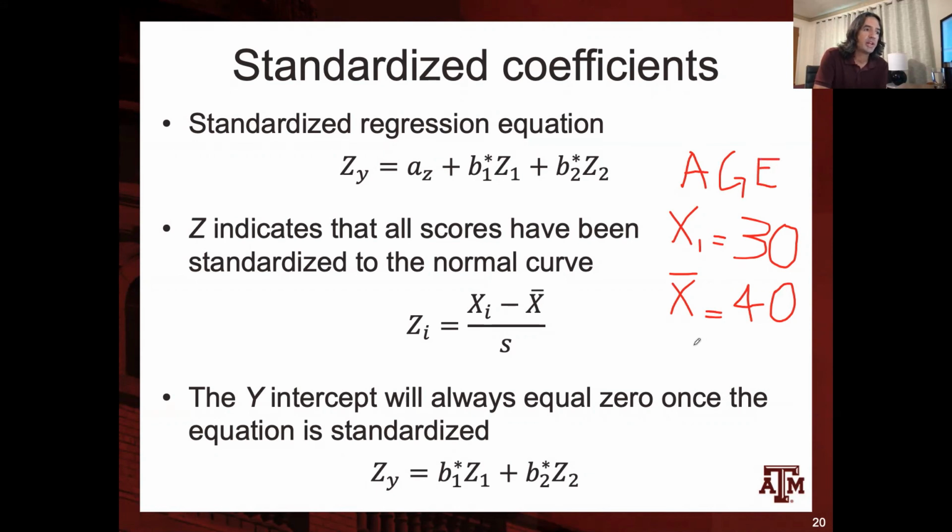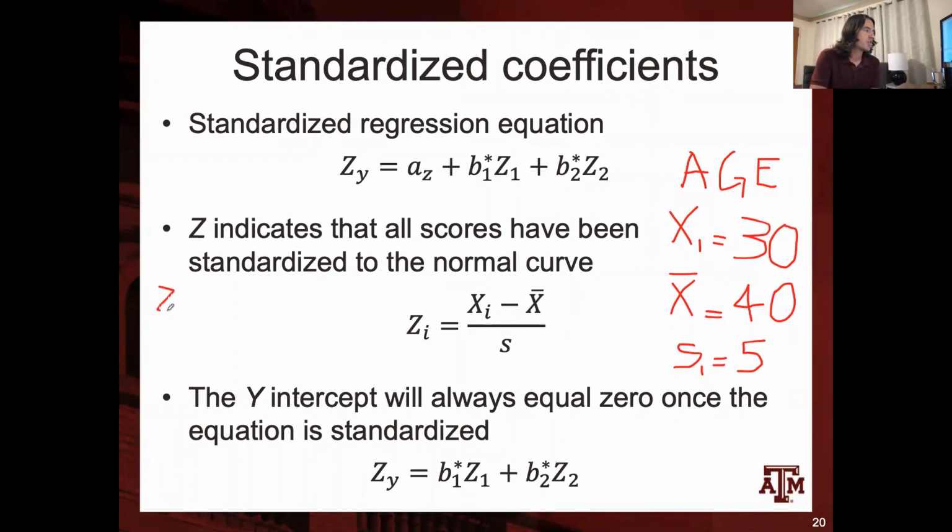The standard deviation that I calculate for age for my variable 1 is, let's say, only 5. So what's going to be the z-score for this individual?